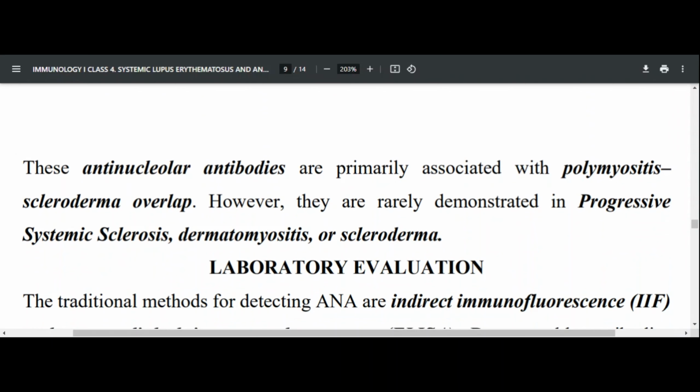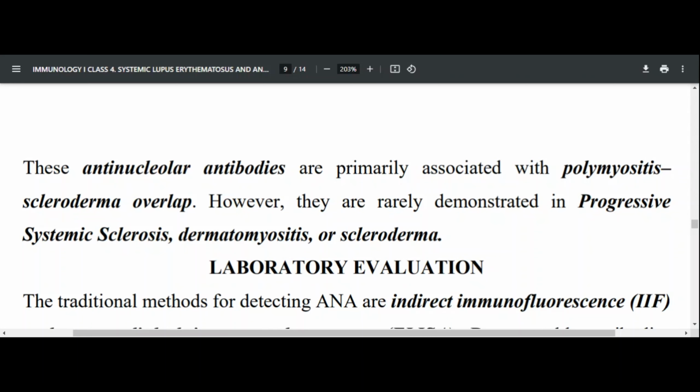Remember, polymyositis is a condition which affects skin and other internal organs, so it is also an autoimmune disease. They are rarely demonstrated in progressive systemic sclerosis or dermatomyositis or scleroderma, but they are seen in polymyositis and scleroderma overlap. So those are the anti-nucleolar antibodies.